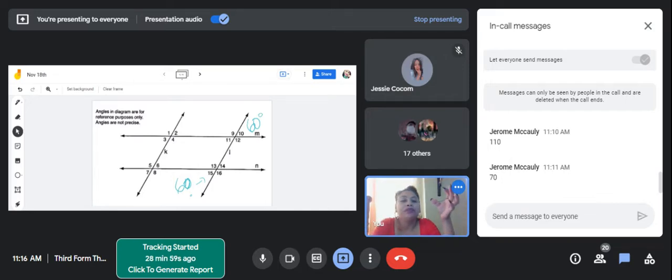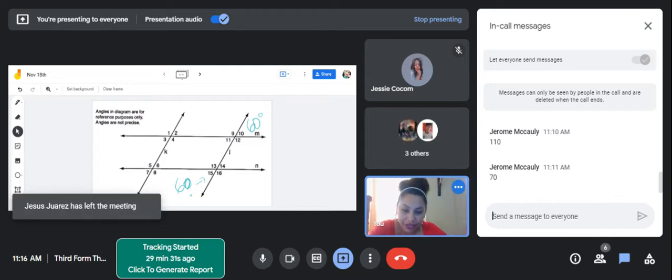Vertically opposite, but with something else. Remember, vertically opposite is 10, 11, right? But this is also vertically opposite, but with something else. 10 and 15. For it to be only vertically opposite, it had to be 14 and 15 or 10 and 11. This is 10 and 15.